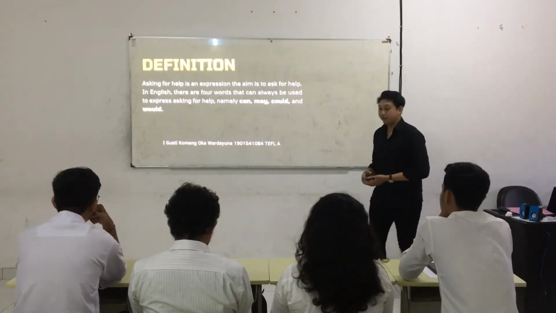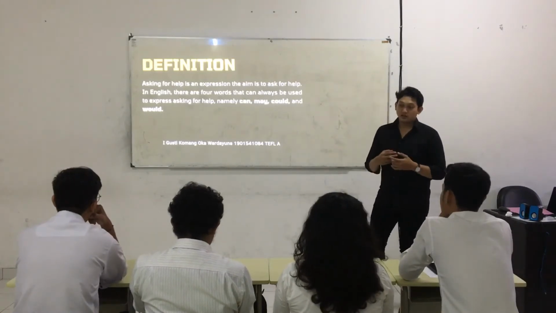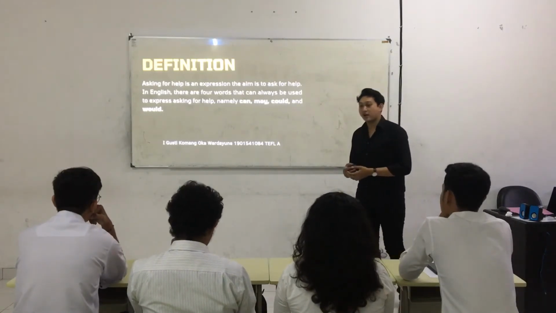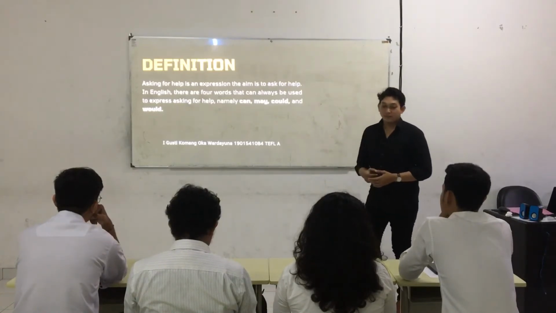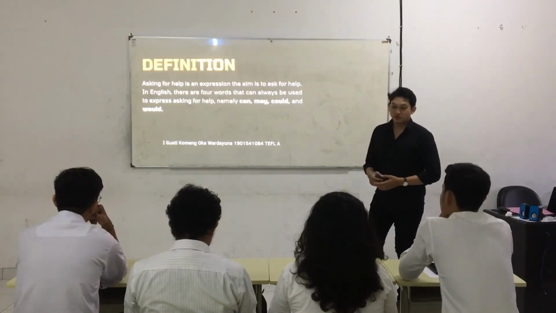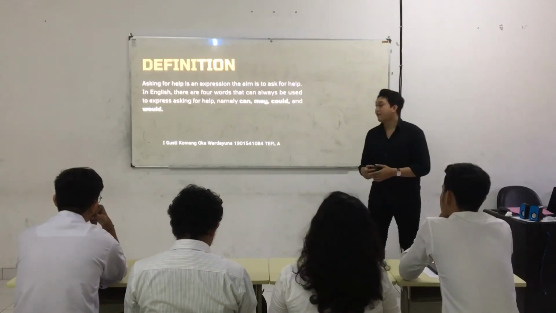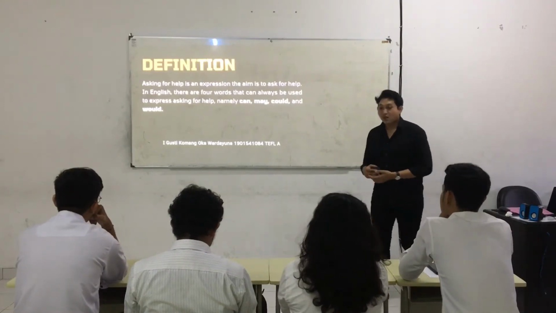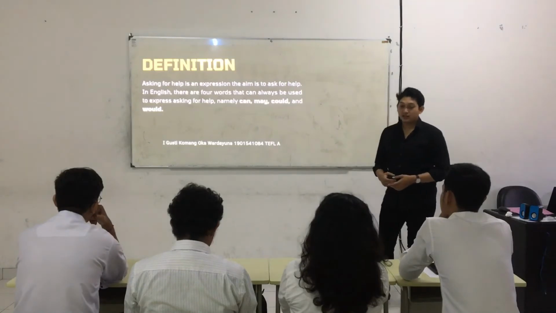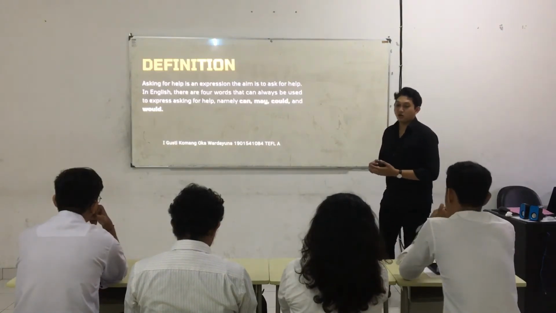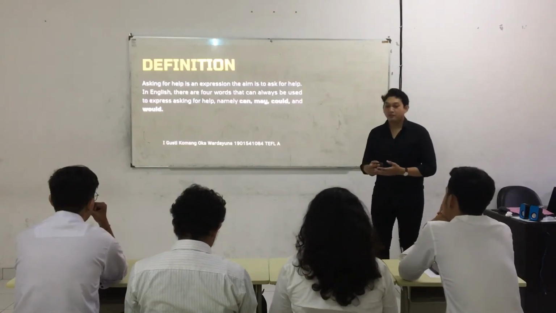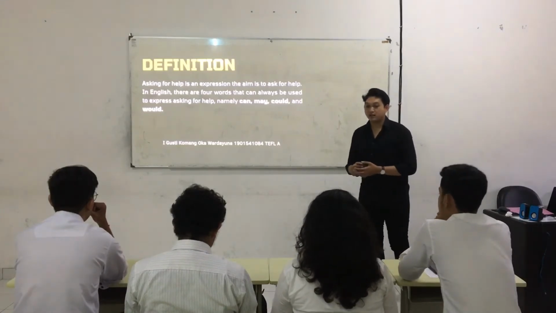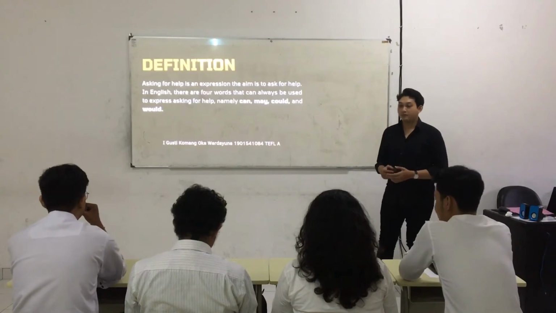And the word may is usually used to ask for help in informal situations. The word would is also used to ask for help. And various expressions of asking for help that use the words may or would, accompanied by the word might, can mean asking whether the other person objects to helping or not.